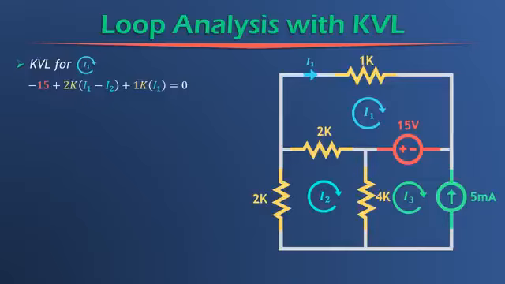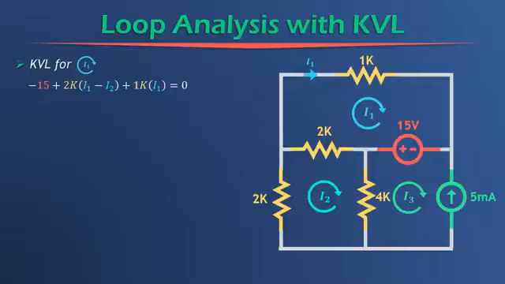Alright, so after we're done with the 2K resistor, we keep going up in our loop. Nothing there, and we come across the 1K resistor. What is the voltage across the 1K resistor? Well, it's going to be the current through the 1K resistor multiplied by its resistance. So what's the current through this 1K resistor? Well, it's simply just I1.